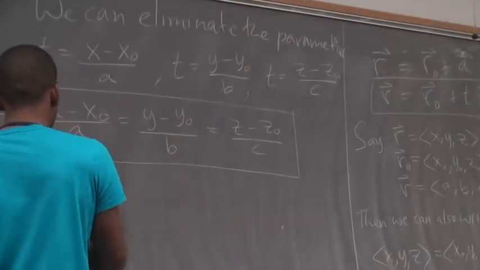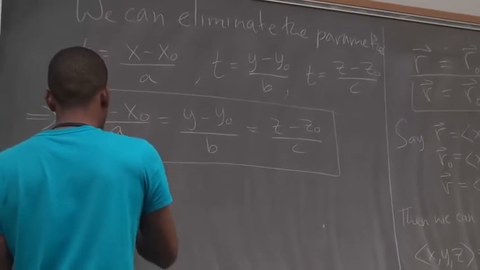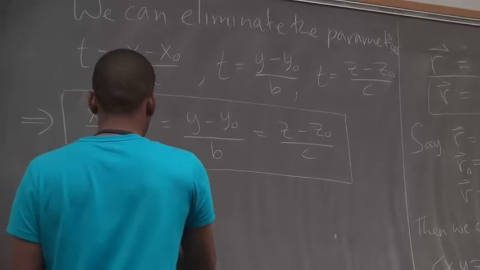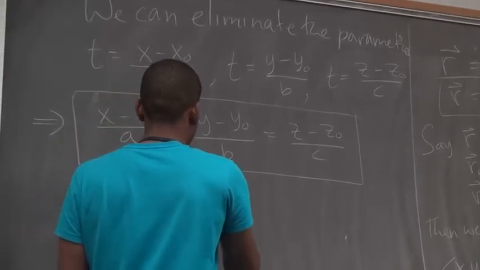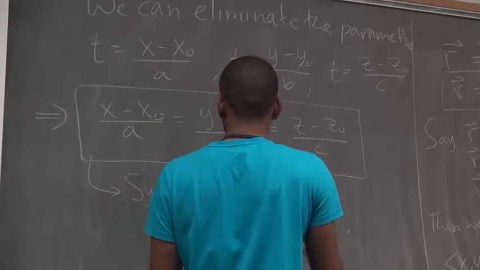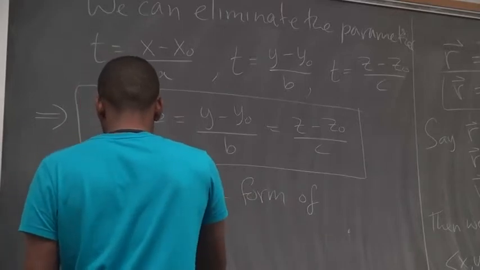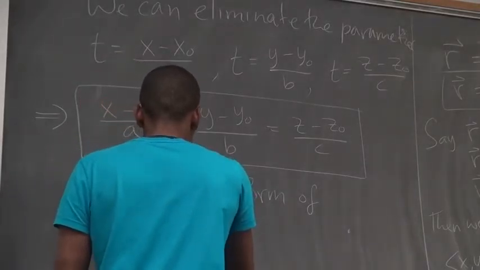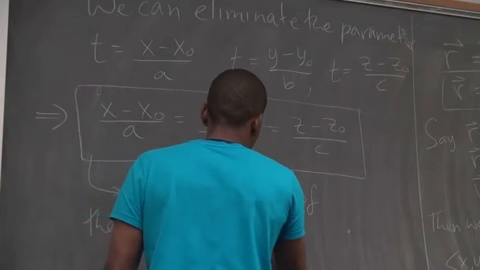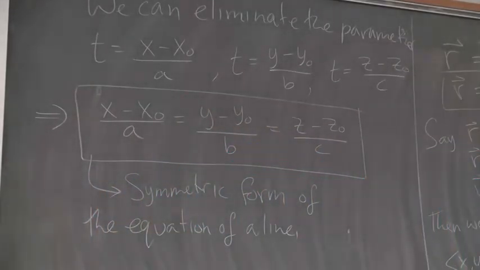This is called the symmetric form. So three ways to write down the equation of a line.